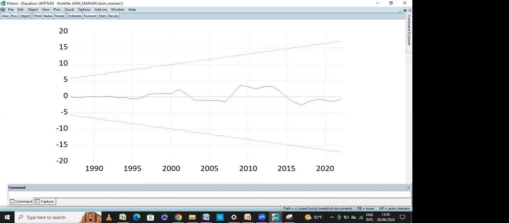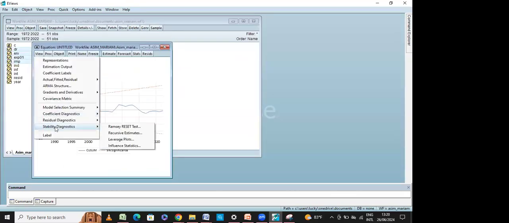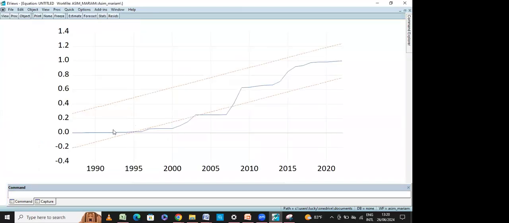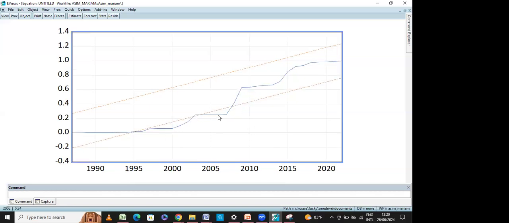There is one more kind of graph we can check, recursive CUSUM square. See, CUSUM square is indicating that this blue line is outside the red line. So these estimations are not stable. Technically, when we are calculating ARDL, our system should be stable. So this blue line should lie between the red lines. That's how we can check the stability of our system.